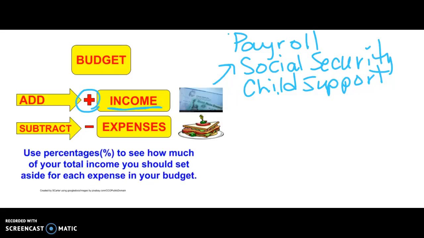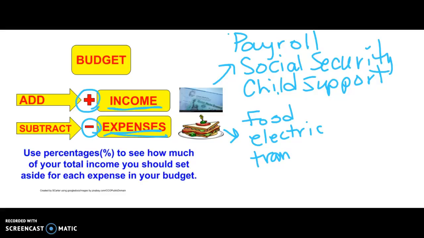There are others. Then we have expenses. Remember, expenses are subtracted from your budget. So let's list some of our expenses. Some of our expenses would be food, electricity, we might have transportation costs.